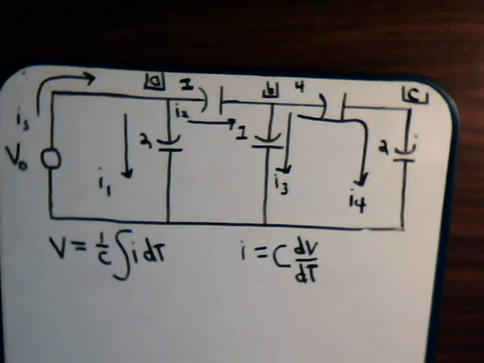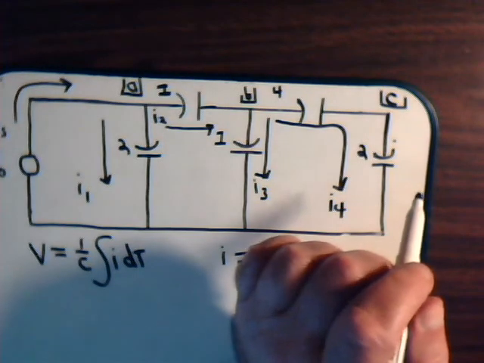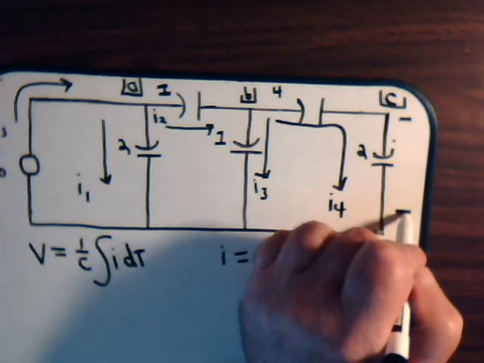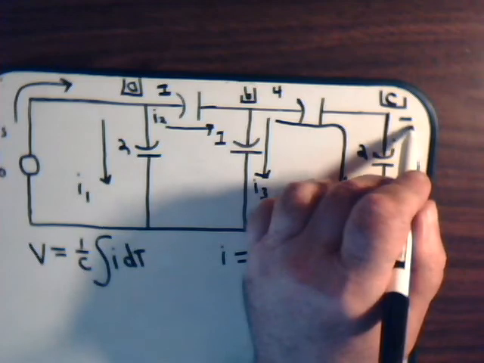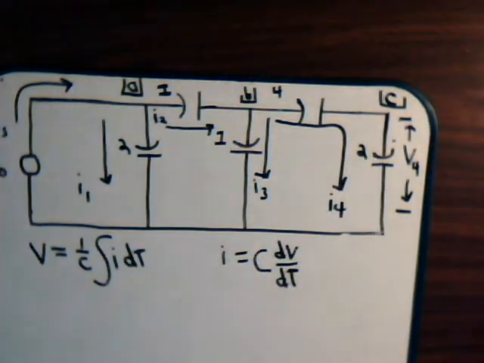Let's start over here at this end, and let's ask ourselves, what would be, say, this voltage here? Call it V4. So that's the voltage across this capacitor.